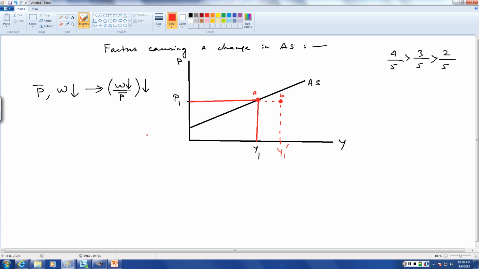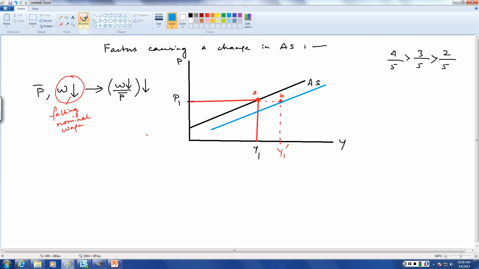And why is this happening again? The cause of it is this, the falling nominal wage. That's the cause. Right? Now, point B, as I've said before, doesn't lie out there in space. Instead, what's true about point B? It lies on a whole new supply curve. Is that correct? So point B lies on a whole new AS curve, one that is to the right of the original one.